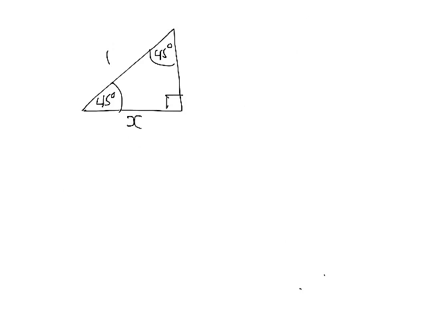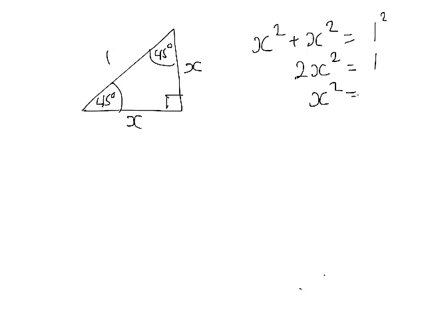So we can call these x. Now we know from Pythagoras that x squared plus x squared is equal to 1 squared, sorry. So that means that 2x squared equals 1. So x squared equals a half, which means x equals 1 over root 2.